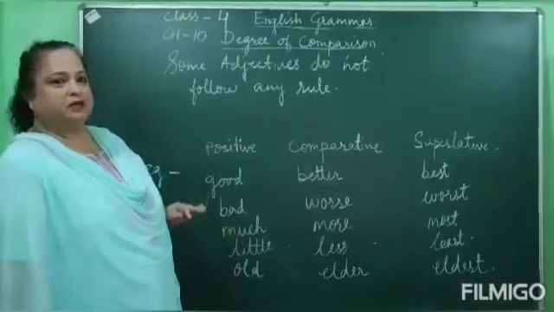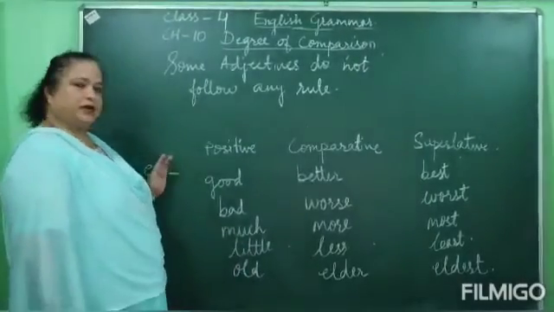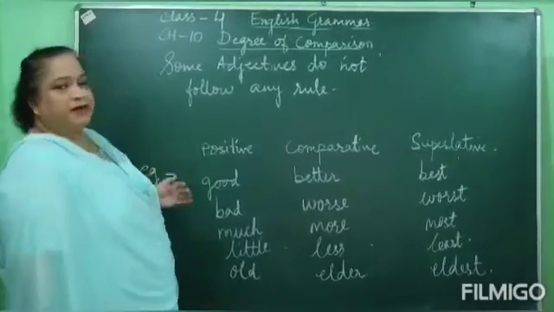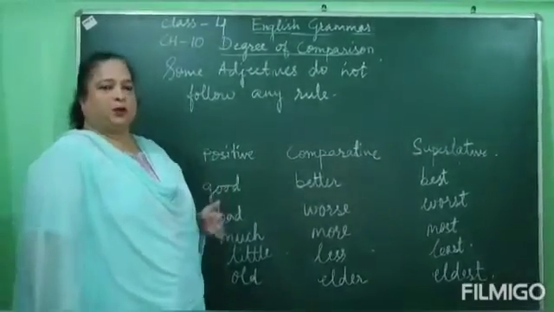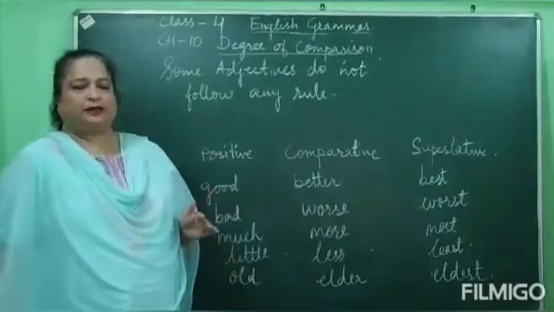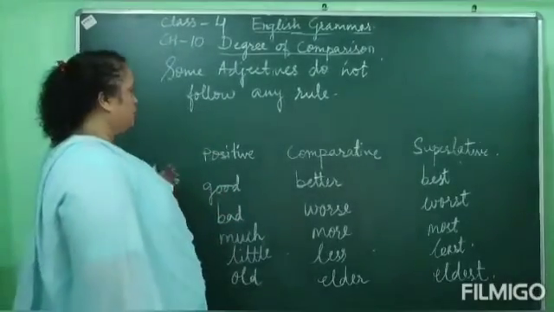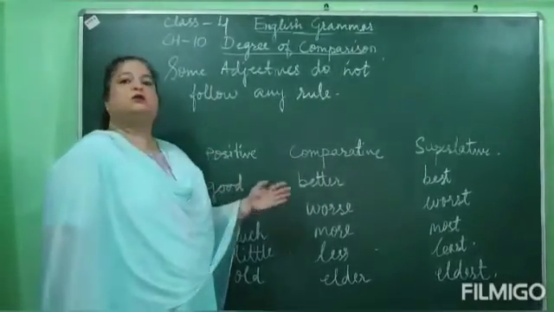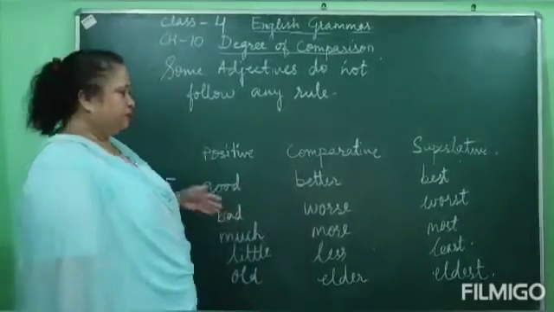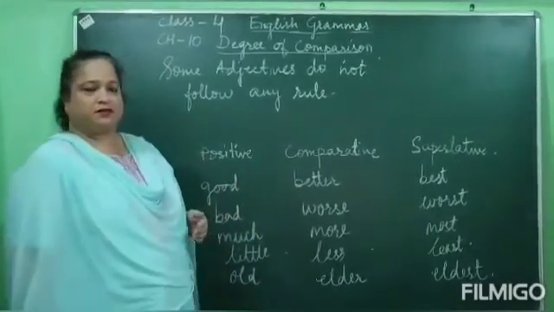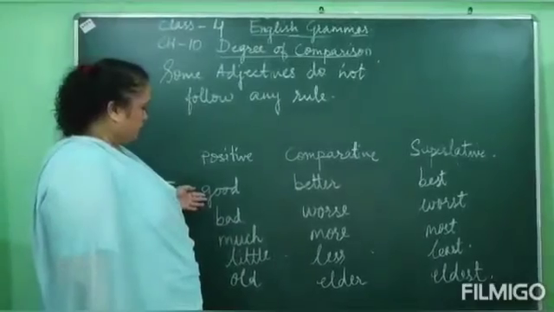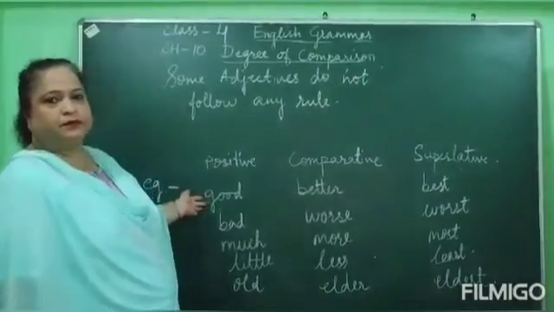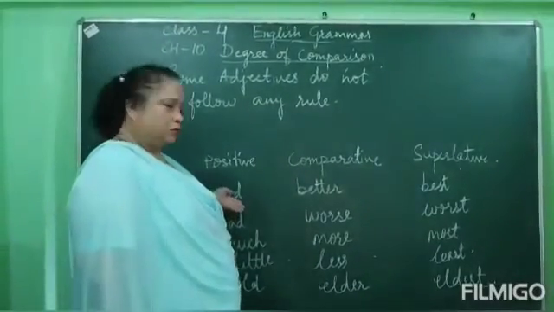Now we come to the end of this chapter, and the last part that we are going to discuss is that some adjectives do not require the rules that I have explained previously. So what do we do? We use different words for them to form the comparative and superlative form. So for example, if we have the word good, so Raj is good.